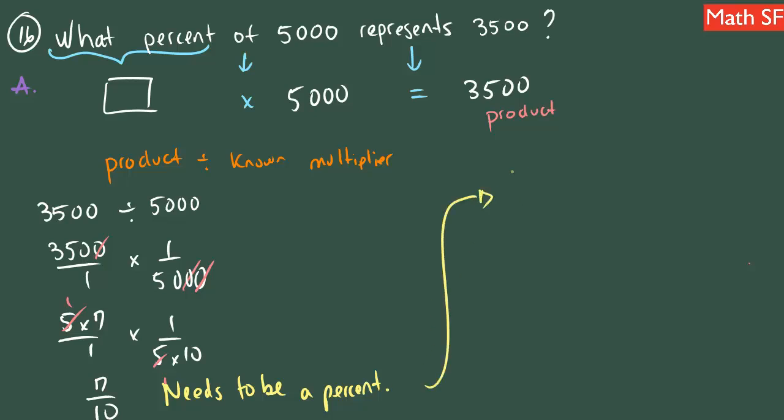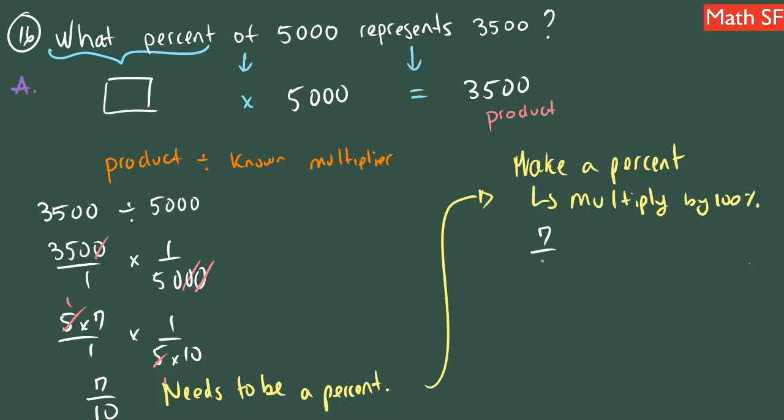So I'm going to put here, make a percent, and the make is going to stand for multiply by 100%. So 7 over 10 times 100%. Well, you can see this is over 1, and you can just get rid of some zeros. 7 times 10 is 70, so your final answer should be 70%.